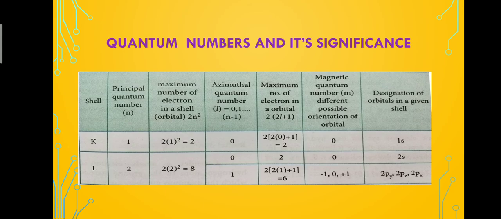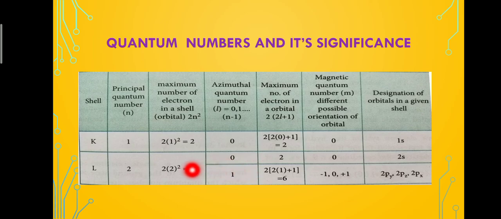For example, if the principal quantum number of an electron is given as 2, then you can say that the electron is present in the L shell, and it will be in an s or p orbital, because if n is equal to 2, the corresponding l value can be 0 or 1.